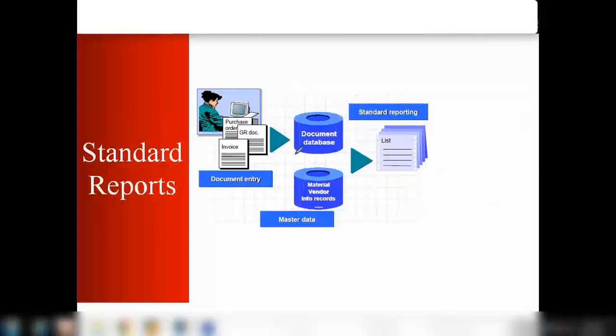For example, you have the master data, the vendor master data, the material master data, the PIR records, and on the other hand, you have transactional data, like your purchase order, your goods received document, your invoices and all that. So basically the system can combine all this data into a list or a standard report. That's what a report is. We'll have a look at the different types of reports in a minute.